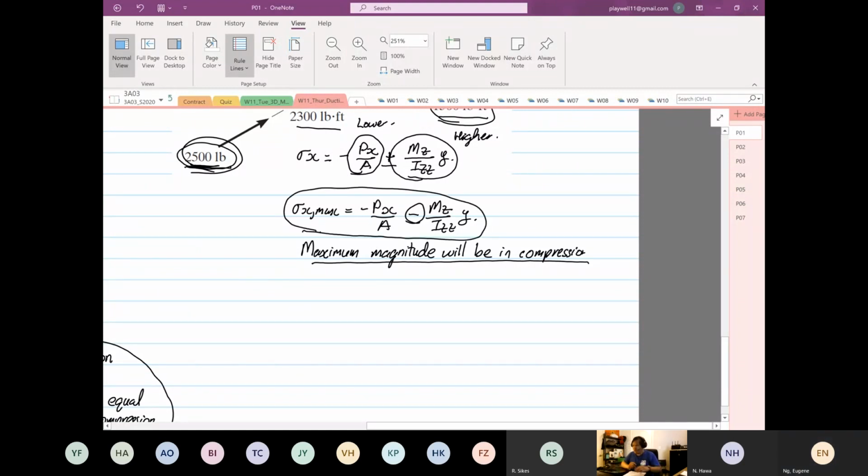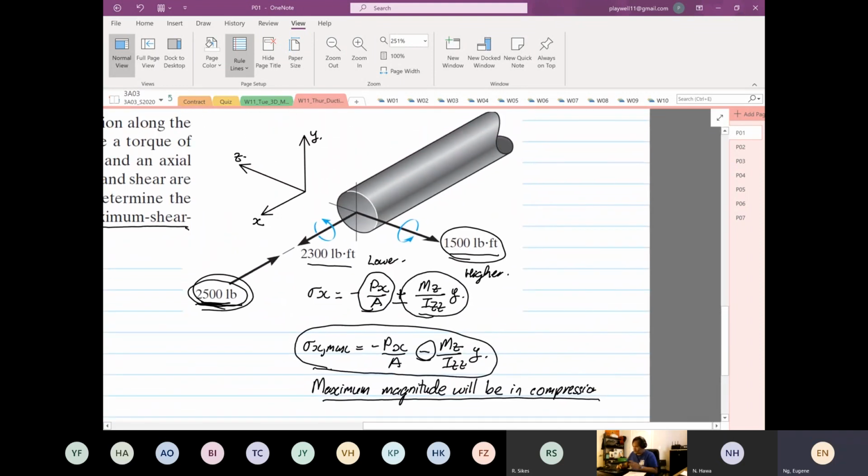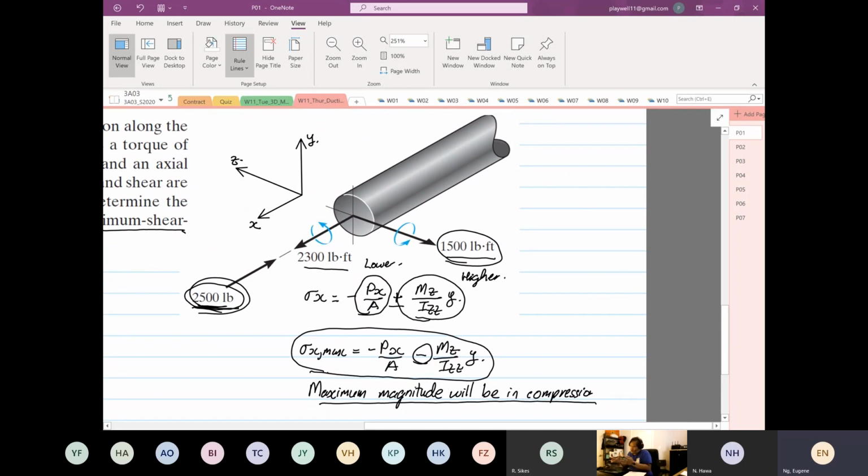So the next part, as I say, this question is the structure. If you look at the structure, it is really simple to analyze. But the details of integrating the yield criteria with Mohr circle is very critical.